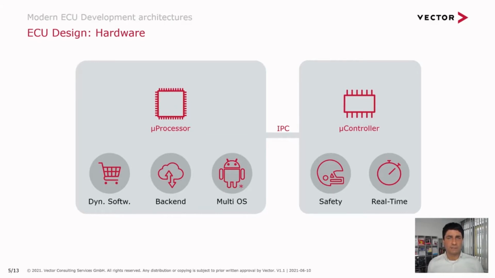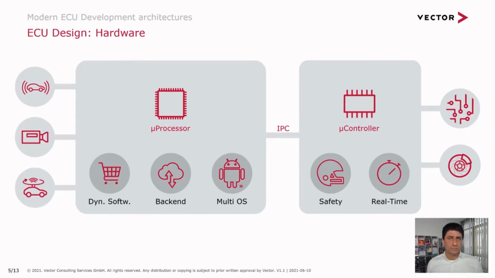Based on their strengths, the use cases for those two portions are different. Starting with the microcontroller, we typically have sensors and actuators connected which require very fast control loops, like the sensors and actuators of a braking system.